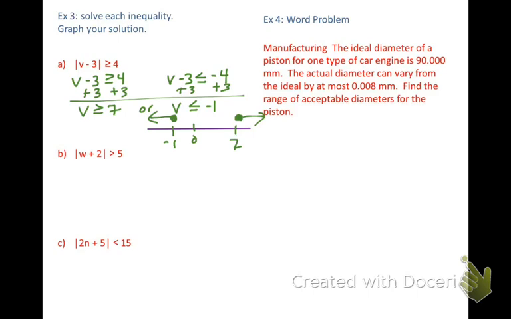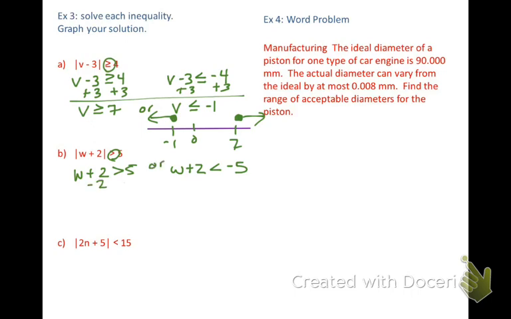B. Again, you don't have a negative, so it's not no solution. So you have W plus 2 is greater than 5, and W plus 2 is less than negative 5. It looks like it's an or because they're both greater than signs. So this is an or.